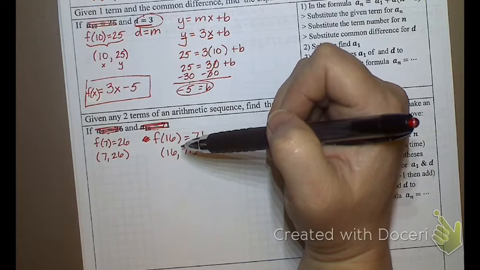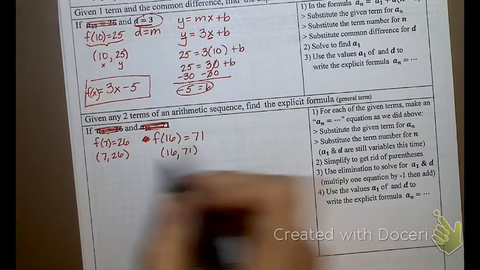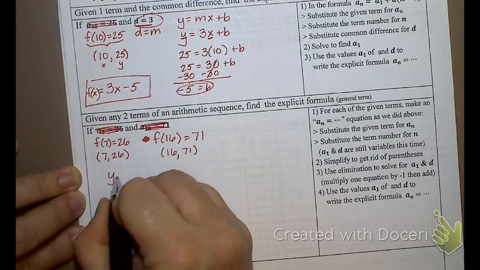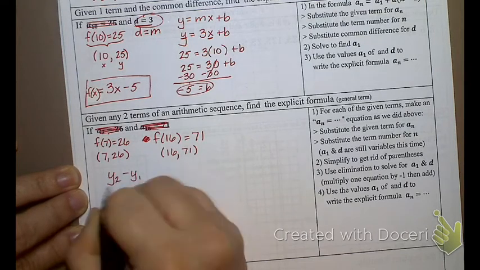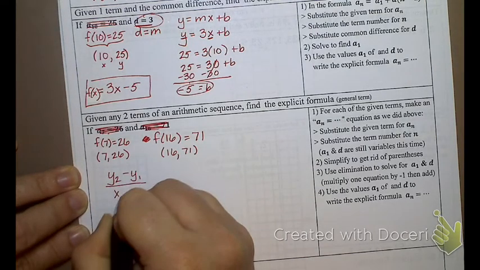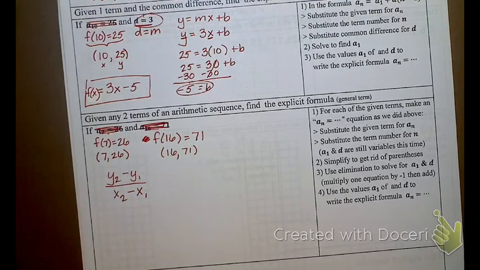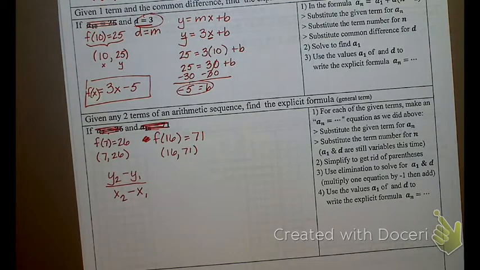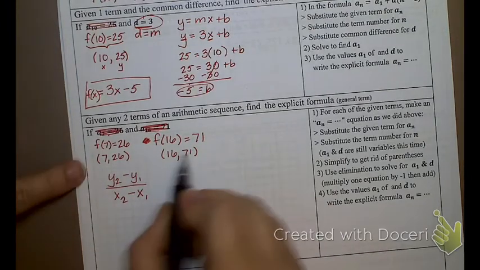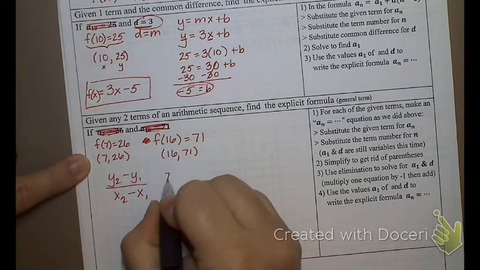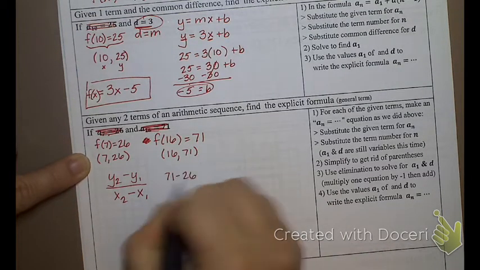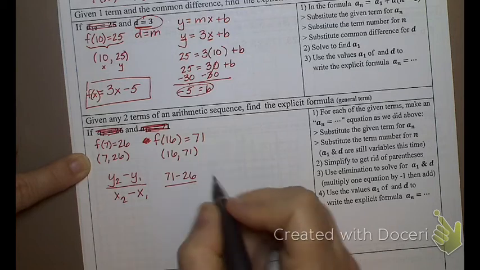How? Do you remember this thing? From way back in Algebra 1 or Integrated Math 1? I can find my slope. So if I use these 2 points, I would have 71 minus 26 on top. And what on the bottom?